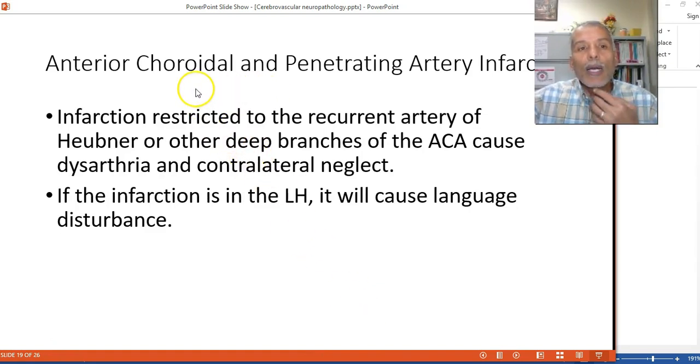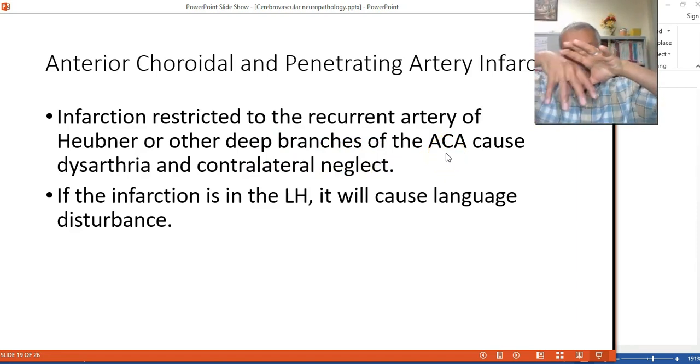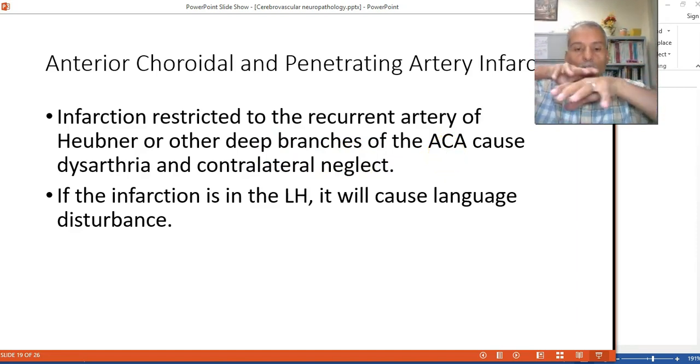Anterior choroidal and penetrating artery infarcts. If the infarction is restricted to the recurrent artery of Hübner or other deep branches of the anterior cerebral artery, we are speaking about the penetrating branches. There are superficial ones and there are some penetrating ones.